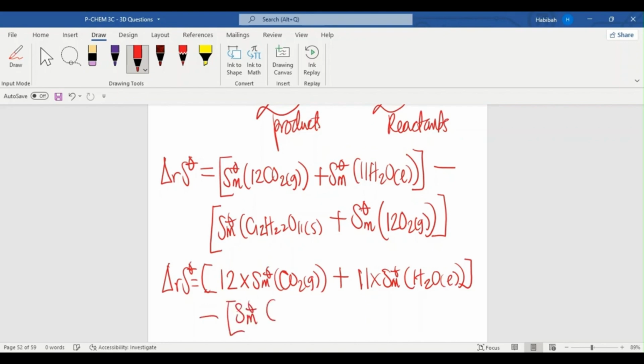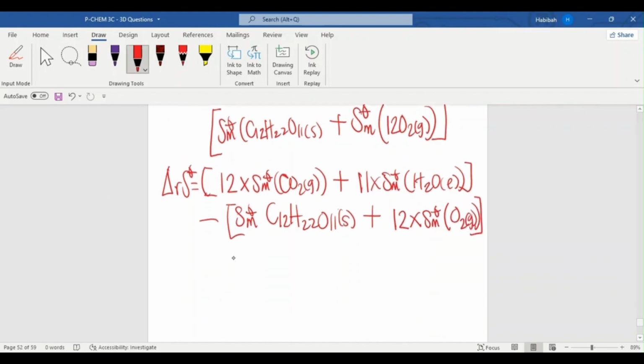So the molar entropy of C12H22O11 solid, plus the 12 times the molar entropy for the second reactant, which is just not 12. We brought out the 12 already. So the second reactant is just O2, so that would be O2 gas. Yeah, that's how it's done.